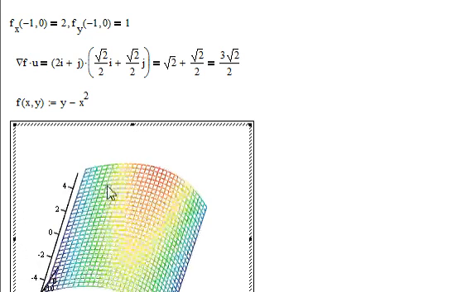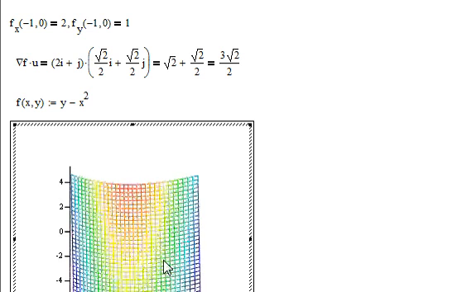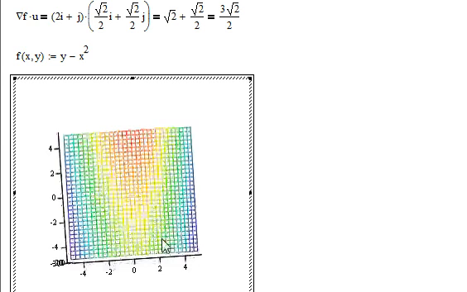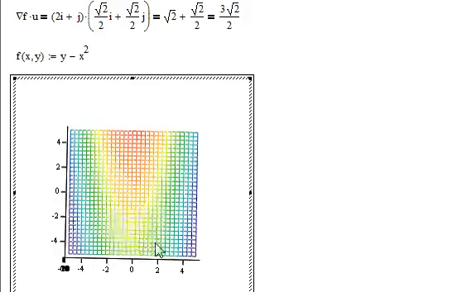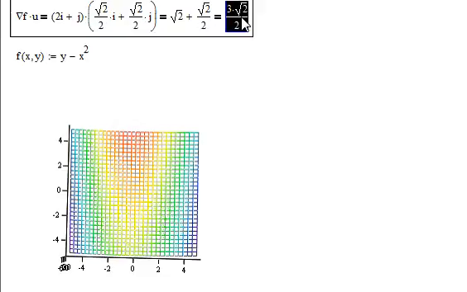Here's x and y in the normal sense that you're used to, and we're going to be at the point where x is 0, y is negative 1, so that's about here. Sorry, I think I might have pointed in the wrong direction. I had to get it like this so I could understand. We're going to go this way. Pi over 4 is the angle. So the slope of the curve at this point in this direction is 3 square roots of 2 over 2.